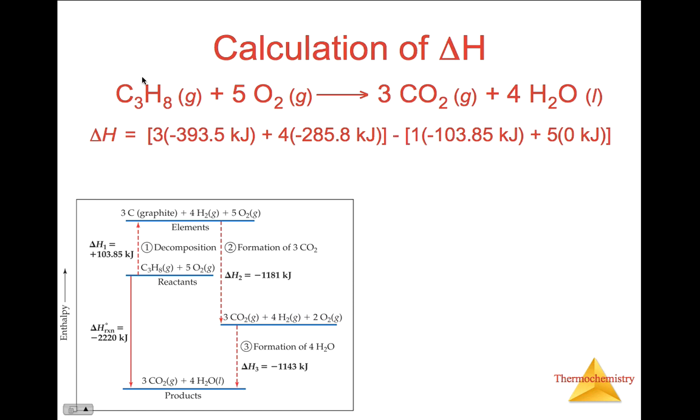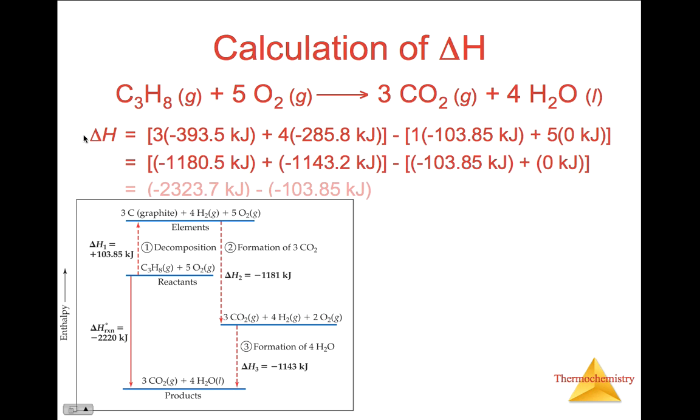The reactant C3H8's enthalpy of formation is negative 103.85, and oxygen's enthalpy of formation is 0, because any substance in its elemental form at 25 degrees Celsius and 1 atmosphere has an enthalpy of formation of 0. Products minus reactants is equal to the overall enthalpy of the reaction.